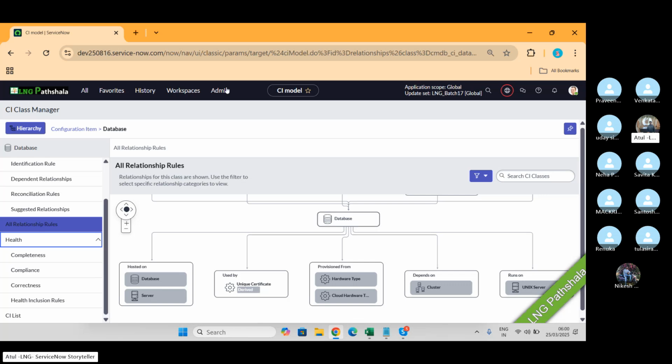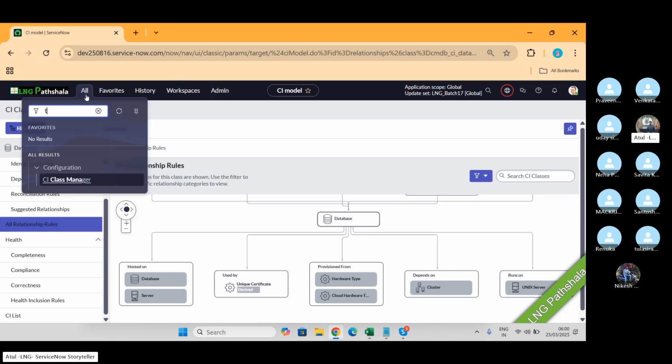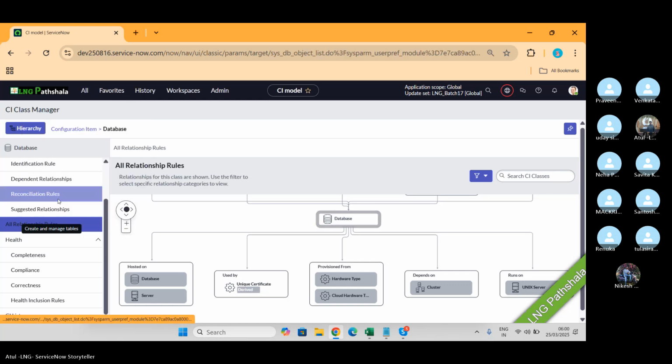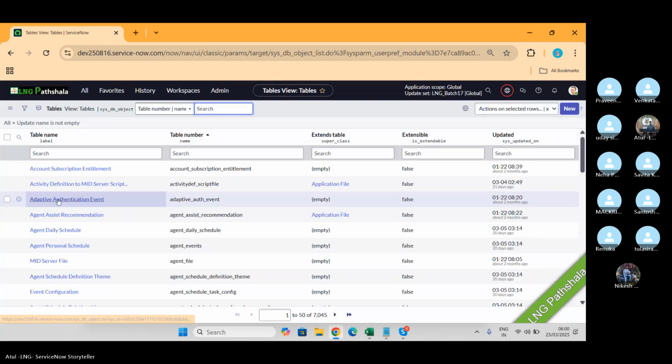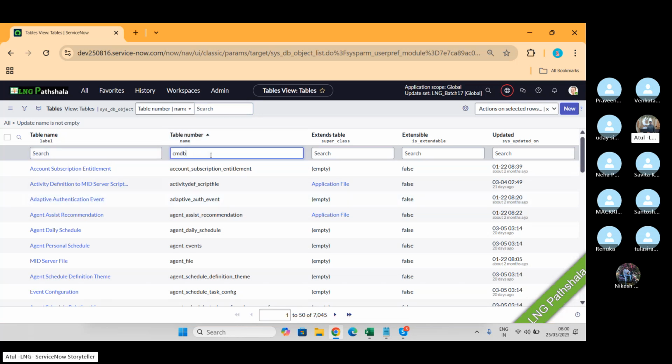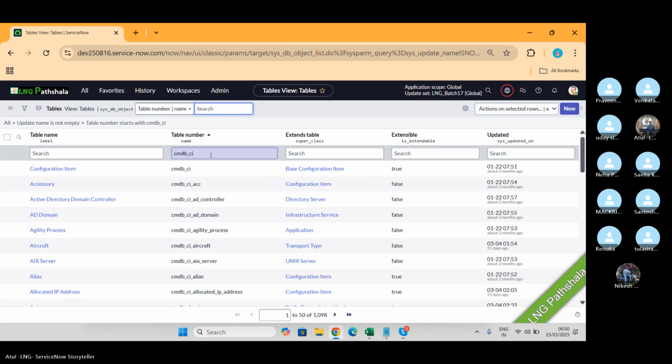Go to ServiceNow. Go to the tables and search here CMDB underscore CI. See, 1098 CI classes in your ServiceNow.